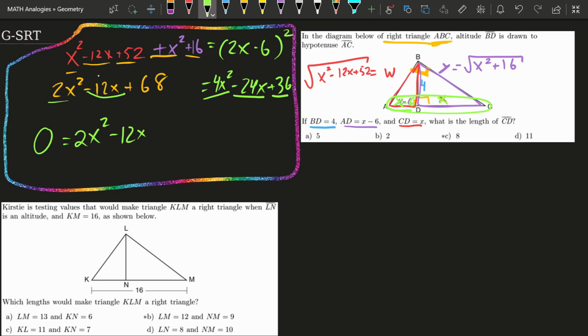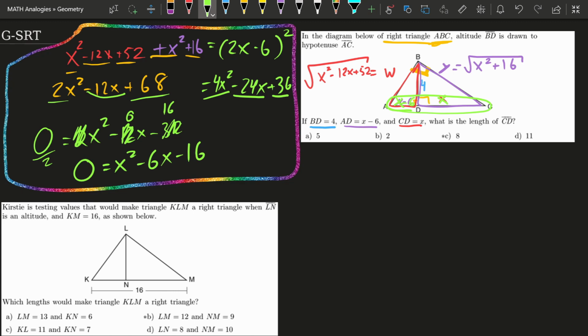And we have 36 minus 68, which is minus 32. Now, luckily, 2, 12, and 32 could all be divided by 2, as can 0. So 0 equals x squared minus 6x minus 16.